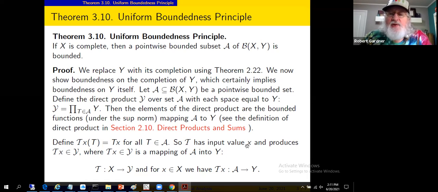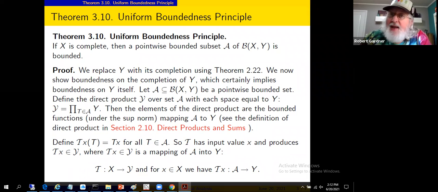Calligraphy T has an input value of X, and produces an element of the direct product, an element of calligraphy Y. So T of X, here's how T of X acts on elements of A. So T of X itself is an element of the direct product. The elements of the direct product are what? Bounded functions mapping calligraphy A into Y. And that's what we have. We need to show some of the boundedness stuff.